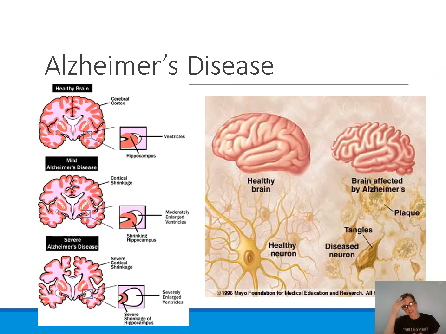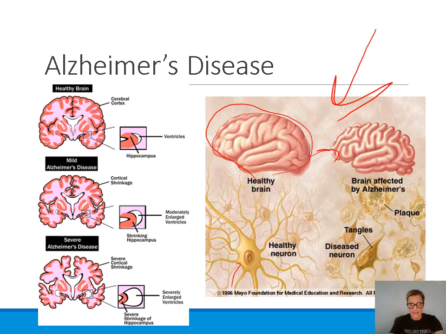Here you guys can just see a demonstration of the shrinkage of the brain that happens in Alzheimer's disease. And again, there's really severe shrinking of the hippocampus, but there's also shrinkage of the cerebral cortex as the disease progresses. And just in general, in the picture on the right, you can see a nice healthy brain, and then you see the shrinkage in the second picture.